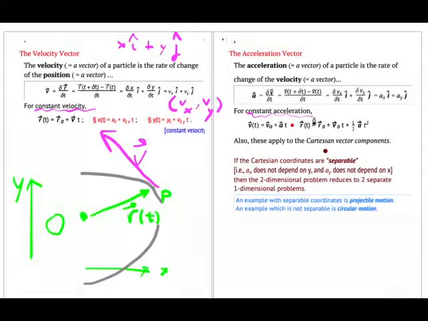We'll consider an example of constant acceleration in a minute, but we'll also consider an example where the acceleration is not constant. If the Cartesian coordinates are separable, that is to say, if ax does not depend on y and ay does not depend on x, then the two-dimensional problem just reduces down to two separate one-dimensional problems.